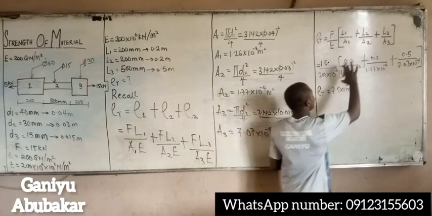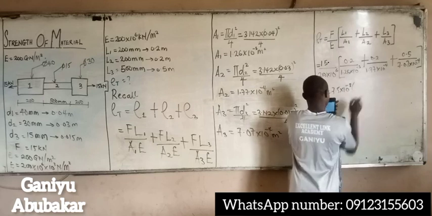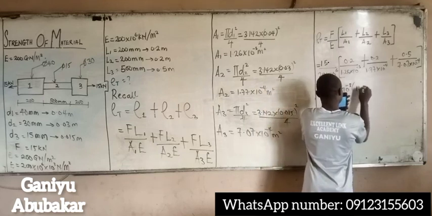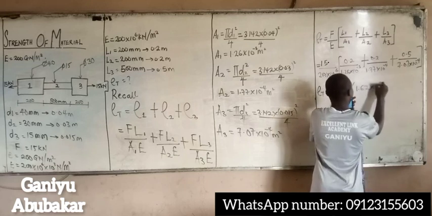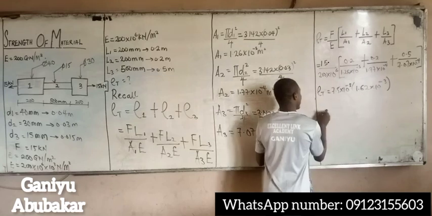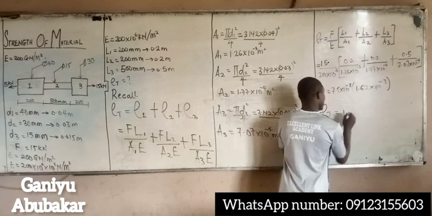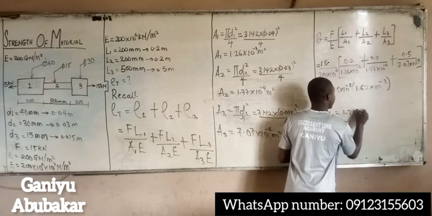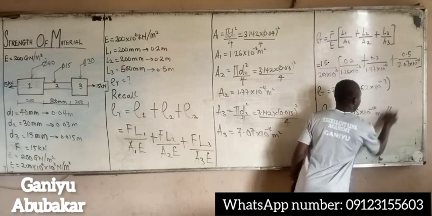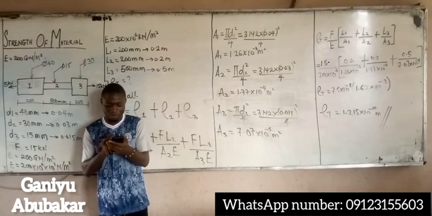If I punch all this value here, everything here, I'll have my final answer to be 1.62 times 10 to the power minus 3. So multiply these two together. My total elongation will be equal in value to 1.215 times 10 to the power minus 10 in meters. So here's my answer to that question after solving.